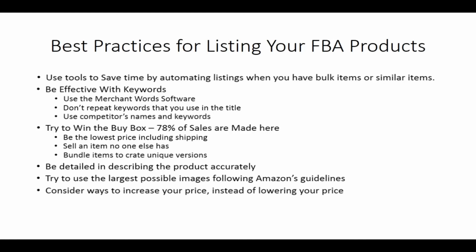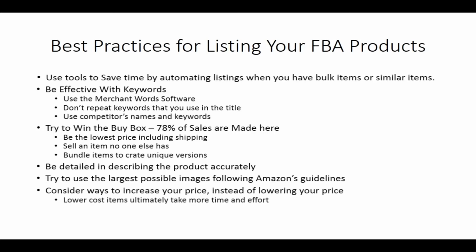Now, often you'll hear that you want to compete on the basis of price, and this is often very true. But we talked about bundling in this video, and we also talked about multi-packs. So try to find ways in which you can give your buyer more value, yet increase the price they're actually going to pay, even if they have to get 2 items. There really is a reason for this.